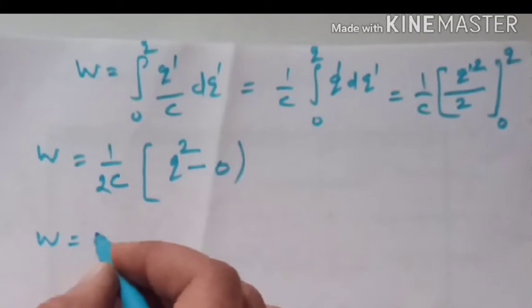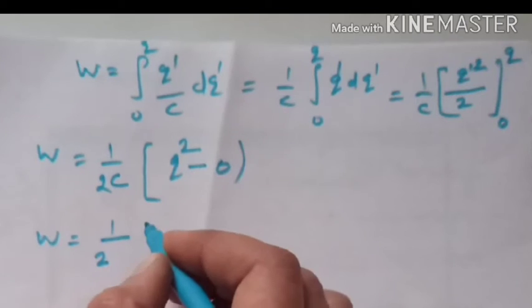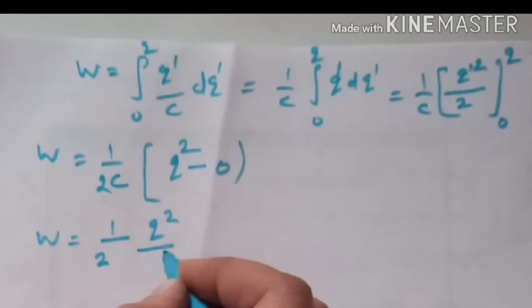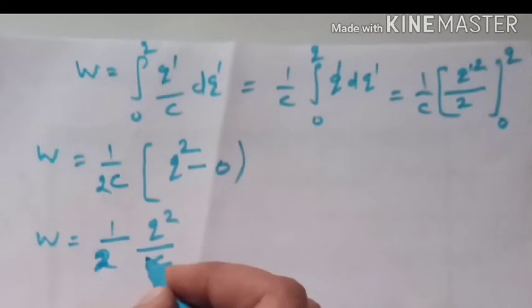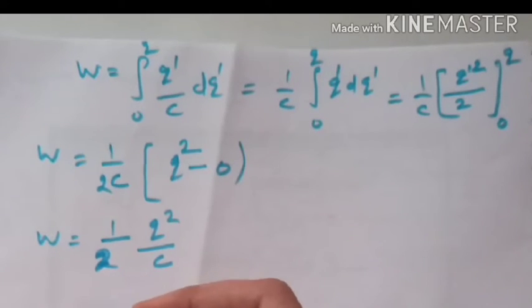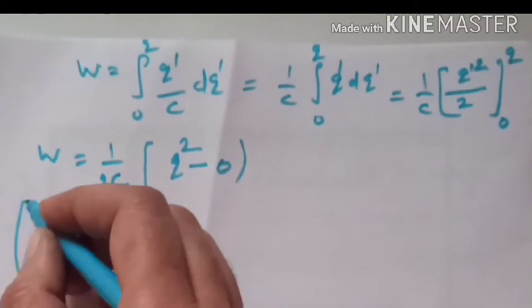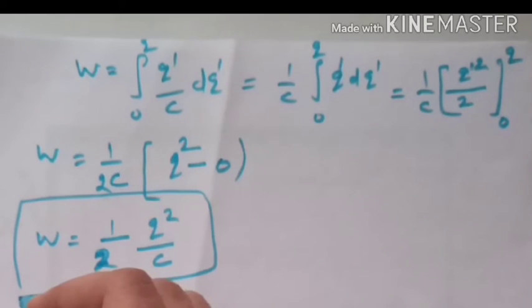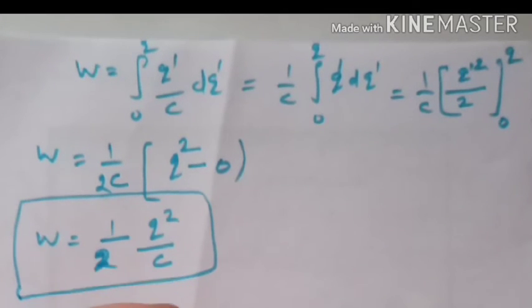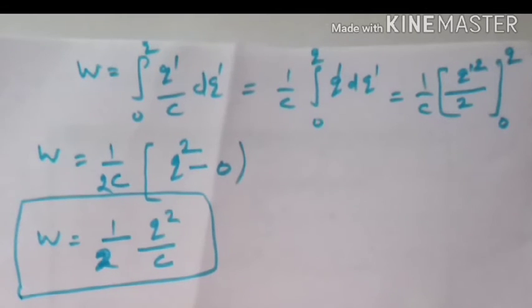So work done is equal to 1 by 2 Q square by C. This is the work done. Electrostatic force is conservative, so this work done is stored inside the capacitor in the form of electrical energy. When the capacitor is discharged, this stored energy is released.